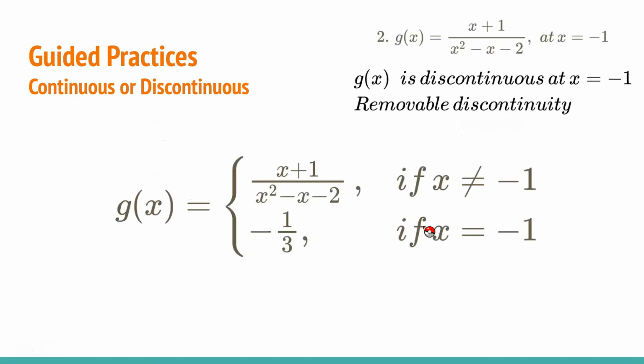So moving on, in order for this function to be continuous, we have to redefine it. To do that, we simply have to make a piecewise function that states that if x is equal to -1, then it is -1 over 3.